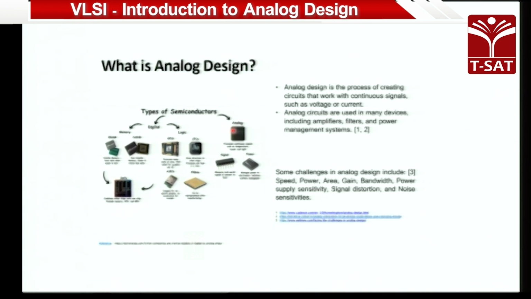Today I am going to talk about analog. Digital involves millions or billions of transistors, whereas in analog we don't talk about that much quantity. We don't say several millions or billions of transistors are integrated to form an end application.